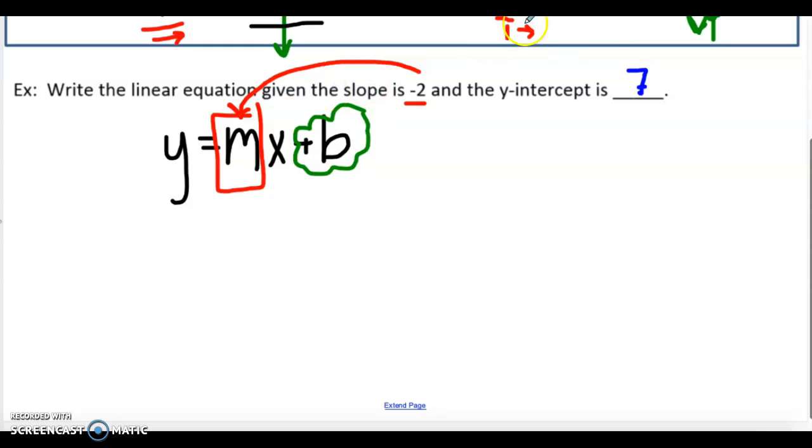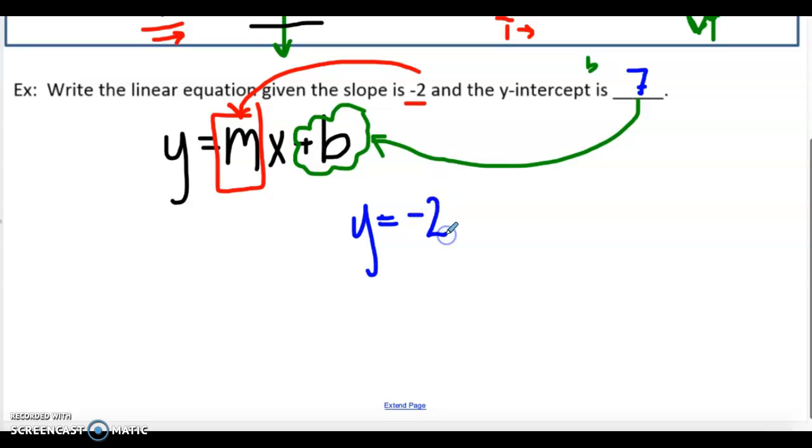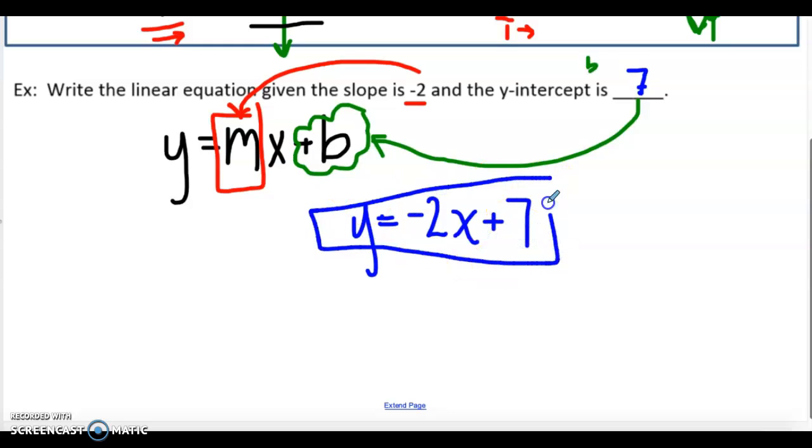And since our y-intercept is 7, 7 is going in for the letter b, because that's what a y-intercept is. So that gives us the equation y equals -2x, and then 7 is positive, so it becomes plus 7. And there we go. It's in y equals mx plus b form, and that's our linear equation.